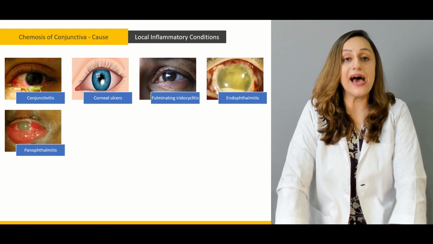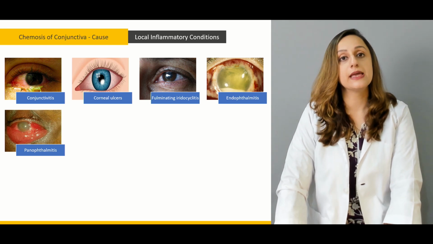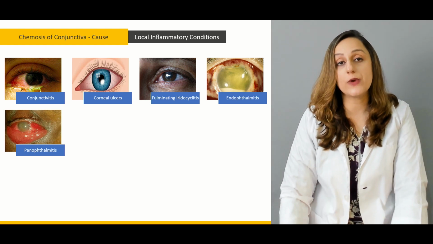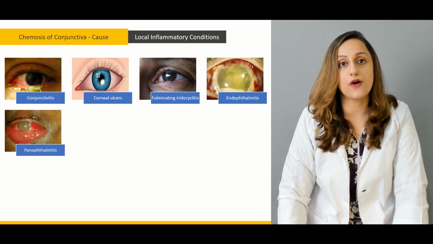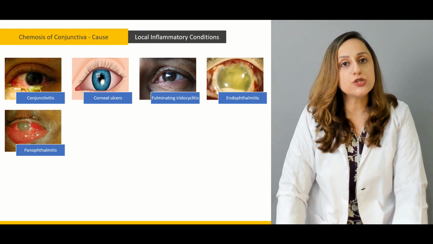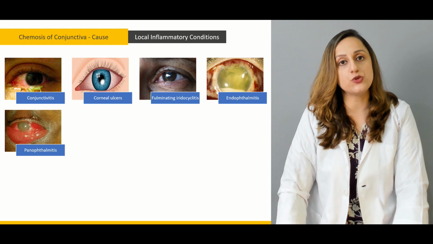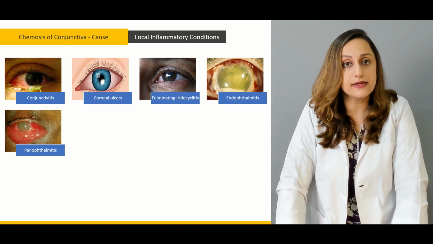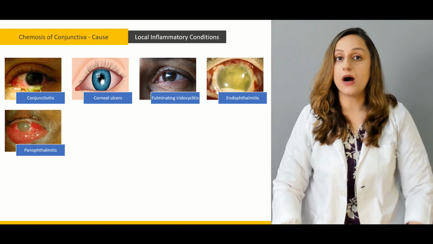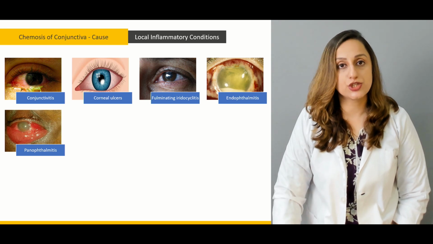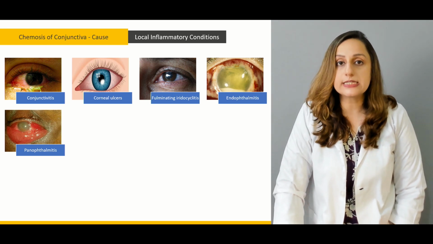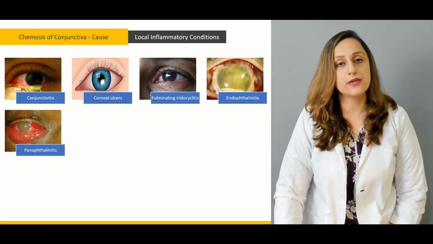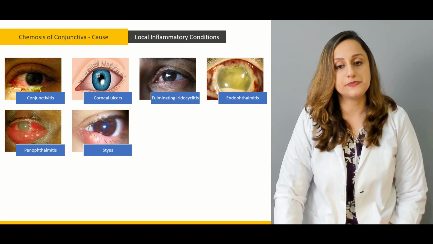It can be the panophthalmitis involving the anterior chamber as well as the posterior chamber of the eye. That is, the vitreous humor as well as the aqueous humor are in an infectious state. It is the wholehearted infectious condition of the eye, and that would certainly result in the inflammation of the conjunctiva.